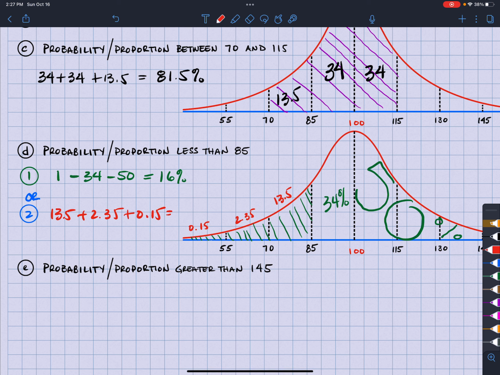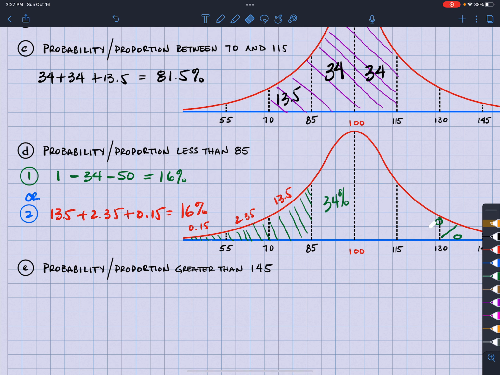Let's see if that does give me 16%. 13.5 plus 2.35 plus 0.15. And look at that. It gives me 16% as well. So there is not really a wrong way of doing it. You just got to figure out which way comes to your mind, right?